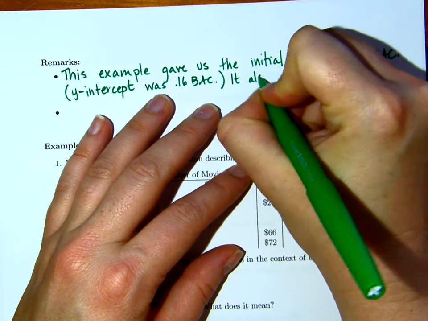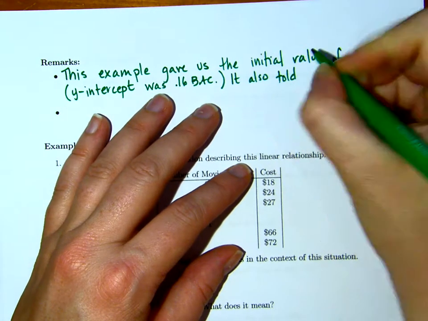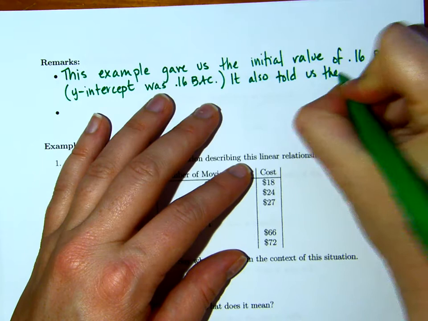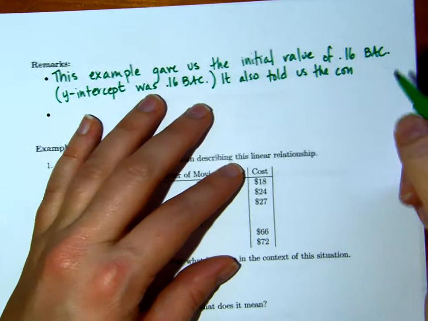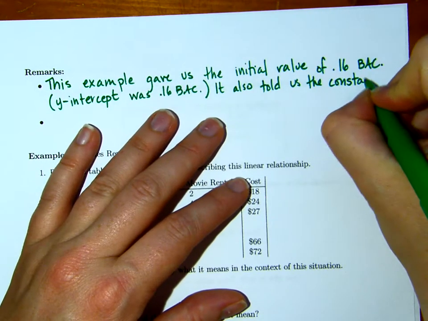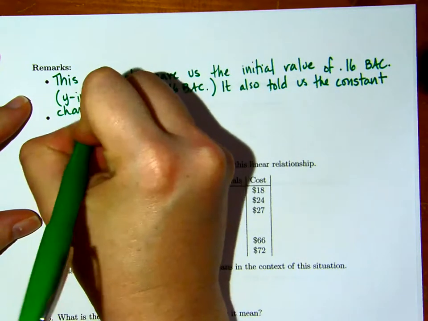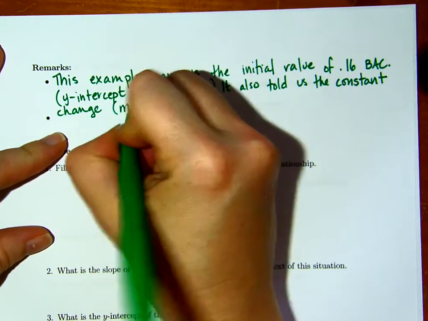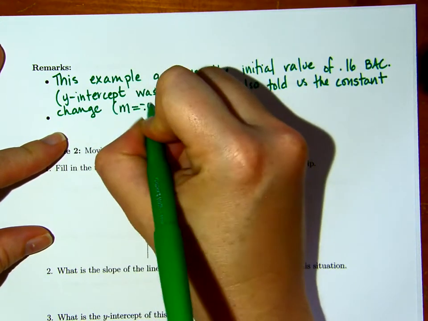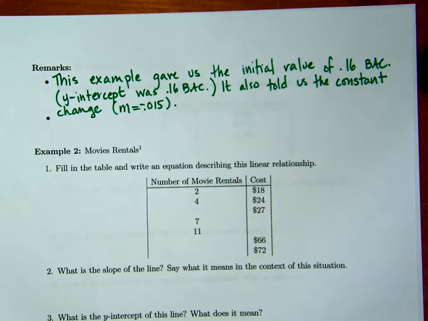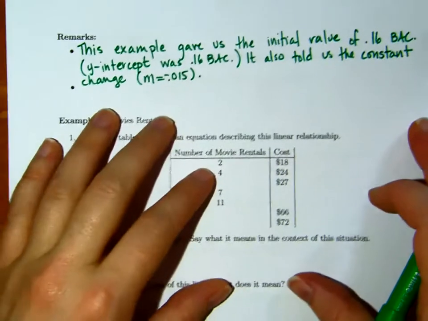It also told us the constant change, the slope: decreasing by 0.015 per hour.